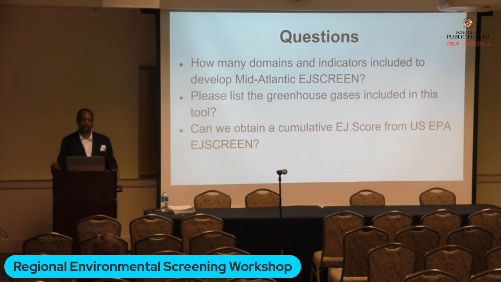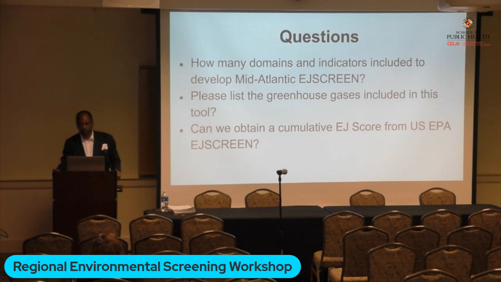We have health, climate, environmental effect, environmental exposure, and socioeconomic. So we have 5 classifications. And the second question is, what are the greenhouse gases included? We included nitrogen dioxide, carbon dioxide, methane, and also ozone, but ozone is beyond the surface, so we don't.